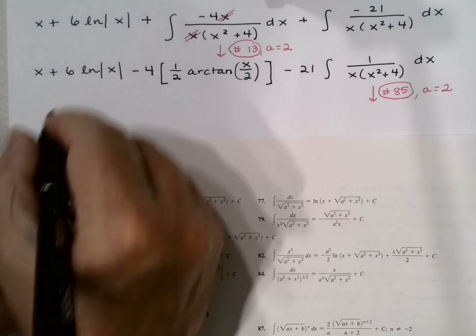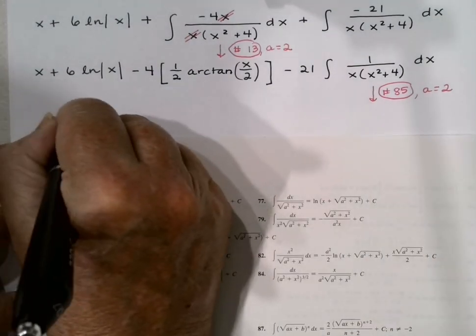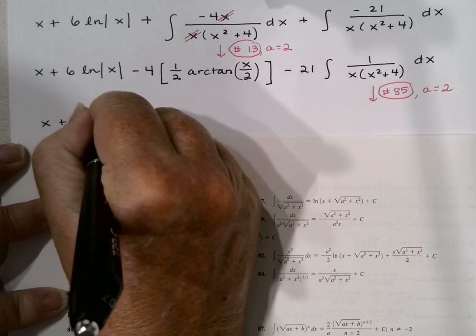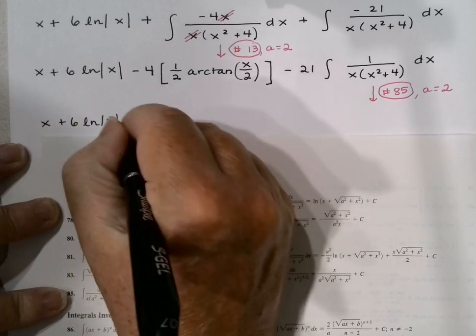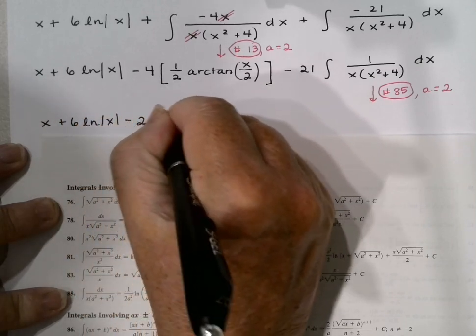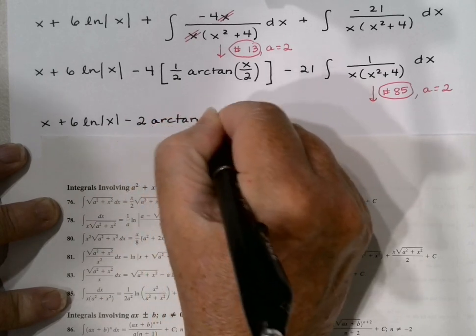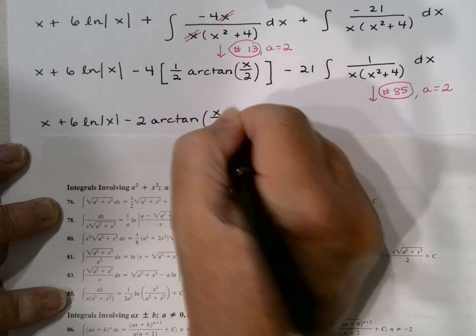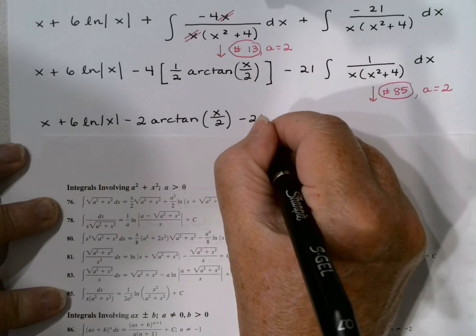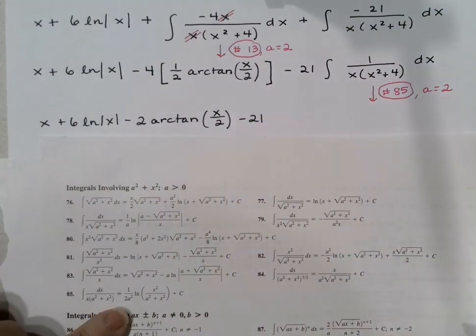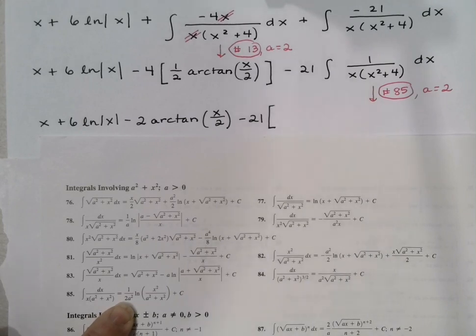So none of this changes, except maybe I could simplify just a little bit. That's going to be a minus 2 arctangent. And then I'd have negative 21 times this number 85. I think we've used this one before: 1 over 2a squared.